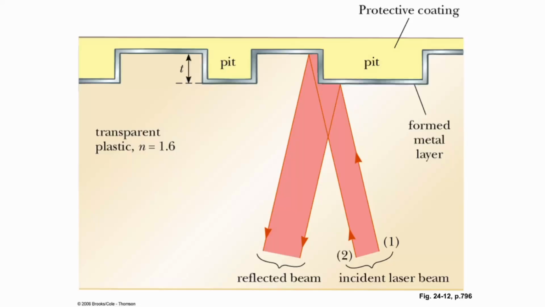However, if the incident laser beam is on a pit, right, and it just bounces off of a pit, or it just bounces off of a trough, okay, then the laser detector will see the constructive interference from those two beams. And so basically what the detector sees is bright and dark flashes.